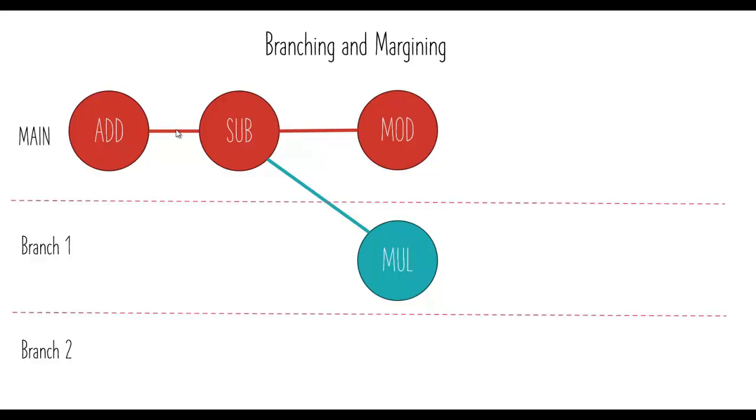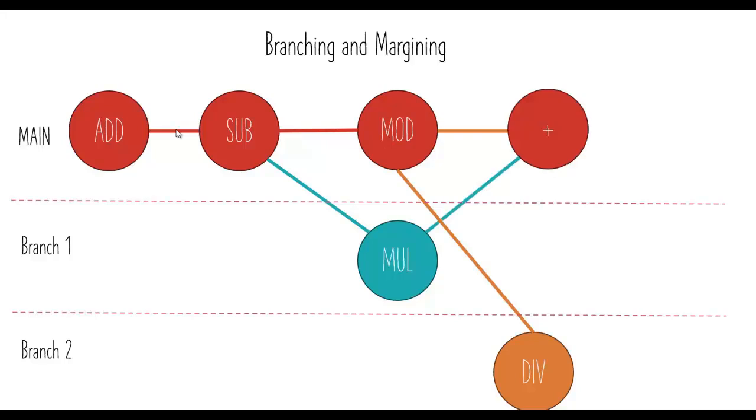Next, we will create a new branch called division branch for adding the division feature. We will develop and test the division feature on this particular branch, keeping the master branch unaffected, right? Once everything is working well on the multiplication branch, we will merge it back into the master branch. This integrates the new multiplication feature into the main project.